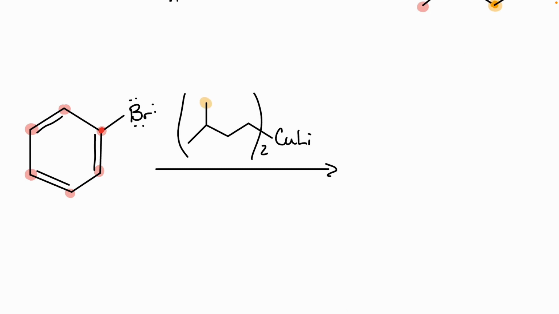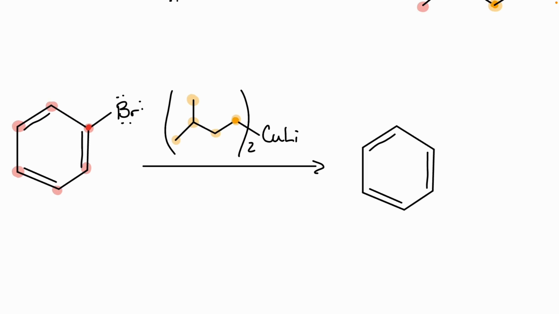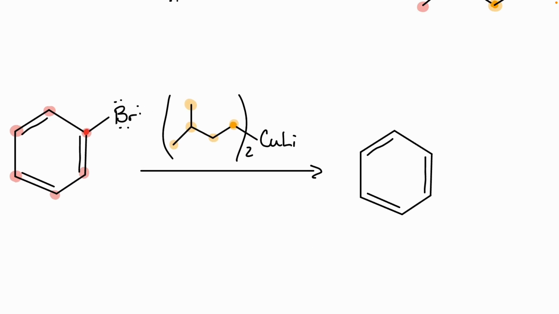Okay. To those 6 carbons, I'm going to add 1, 2, 3, 4, 5 new ones. Right? And I'm going to connect this carbon here. So I'm going to start by drawing my benzene ring, and to this carbon here I'm going to draw a new carbon-carbon bond.